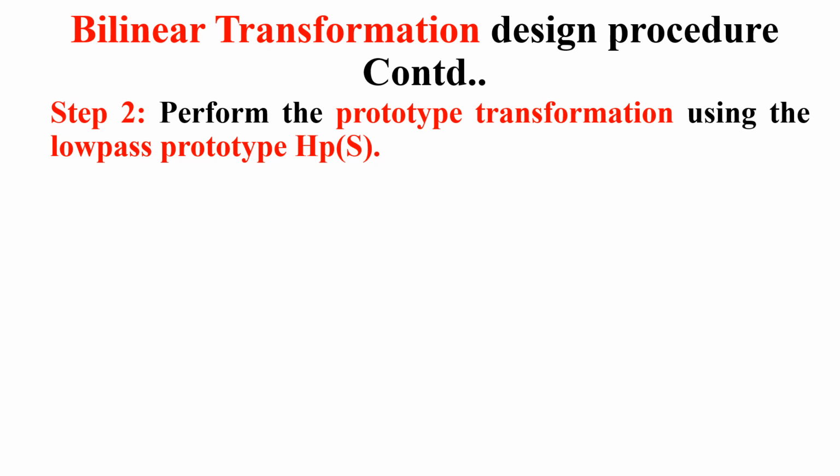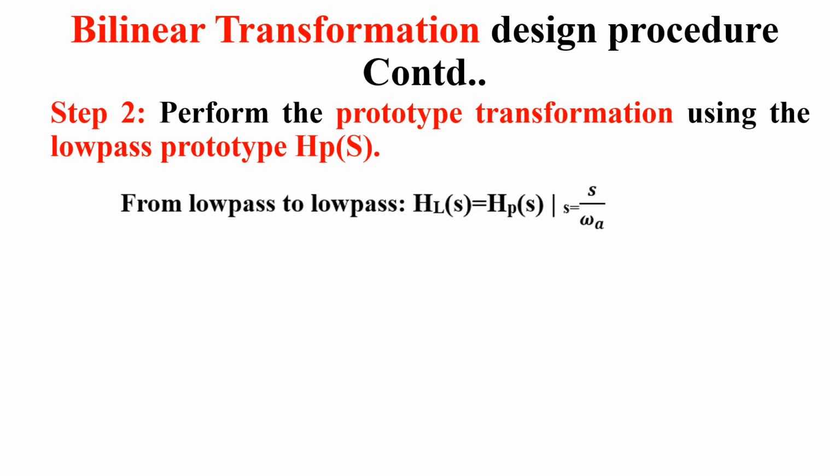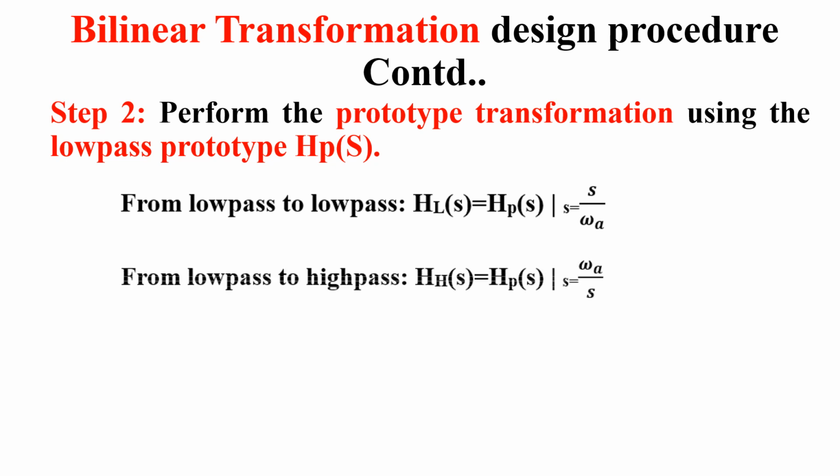Now I need to convert that prototype to the given low pass filter. So how is that possible? HL of S is equal to HP of S. What I have to do in the equation? In the equation, I need to replace every S with S divided by omega A so that the prototype filter gets converted into the low pass with the given specifications.